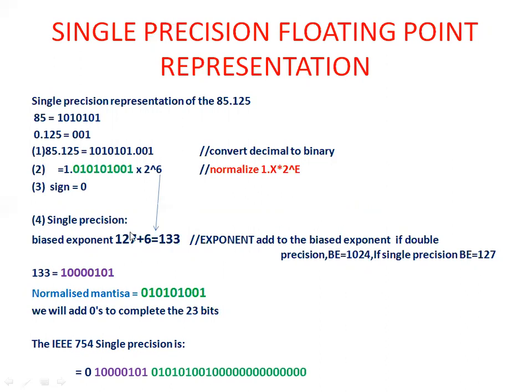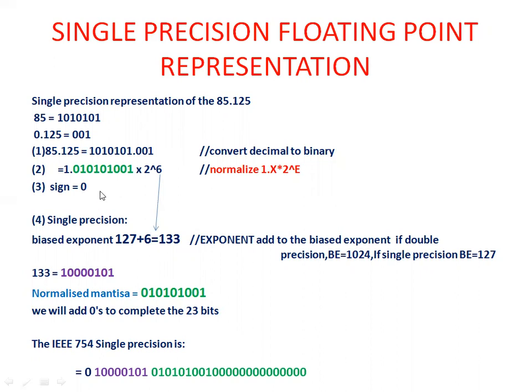Okay, so next you have to take the mantissa. We all know after the radix point we have the mantissa. So you are taking 0, 1, 0, 1, 0, 1, 001. But we know very well in single precision floating point, the mantissa has 23 bits. But here how many bits are we having? 1, 2, 3, 4, 5, 6, 7, 8, 9. We are having 9 bits.